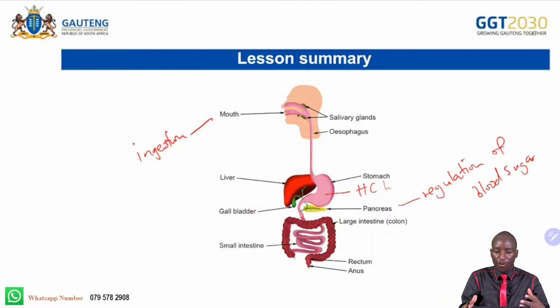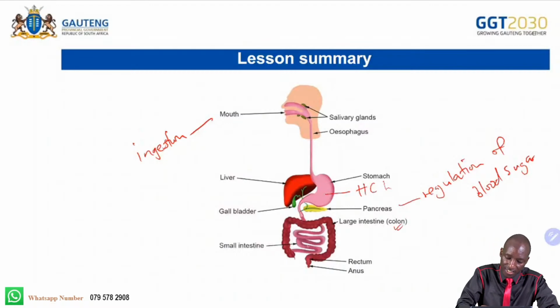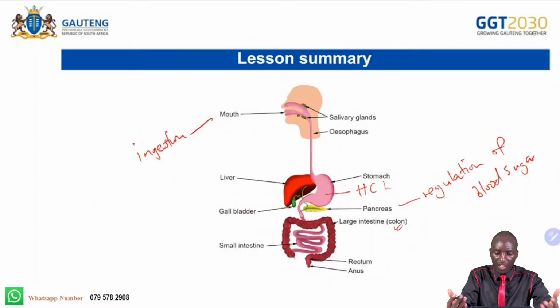Now, if you look down there, we've got the intestines, and they're in two parts. They've got the large intestine, which is also referred to as the colon, and the small intestine, just in the middle there. What happens in these intestines? They each have different roles to play. We start with the small intestine.